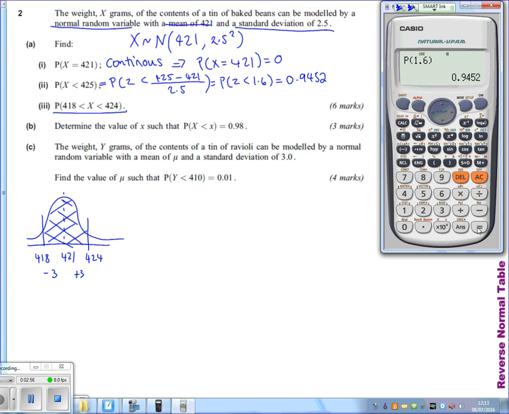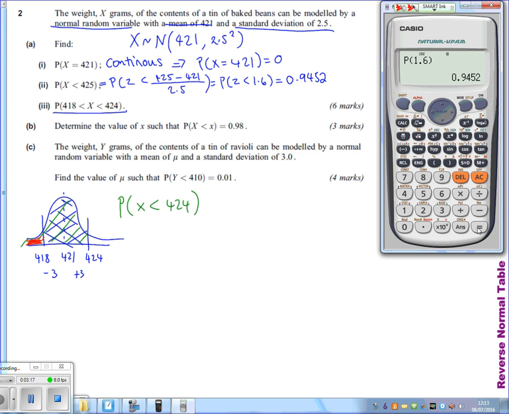When I look up my values on my table, I can look up everything less than a certain value. So I'm going to convert these to z's in a moment. So if I look up the probability of x is less than 424, that'll give me everything there that I've shaded green. But I don't want this bit here.